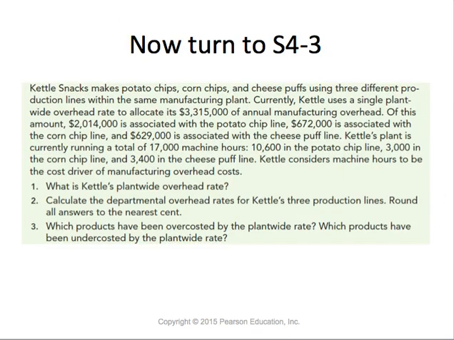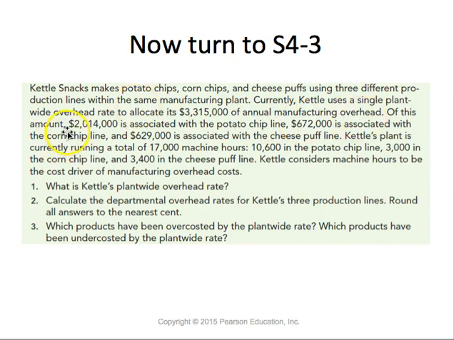So the book has an example, so we're going to take a look at this one. We need to probably go back and forth to see the numbers. So a kettle snack mix has potato chips, corn chips, and cheese puffs using 3 different production lines within the same manufacturing plant. Currently, the company uses a single plant-wide overhead rate to allocate its $3,315,000 of annual manufacturing overhead.